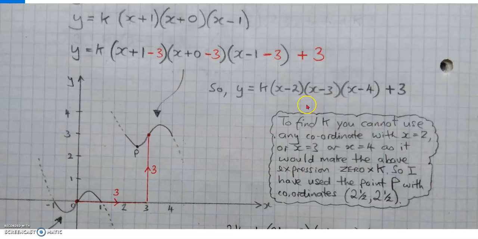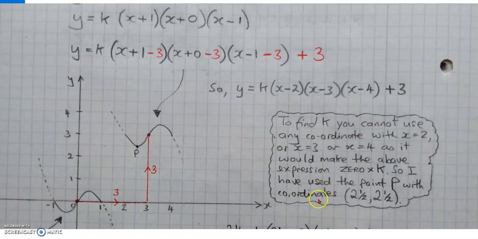If I use any one of these coordinates, where x is 2 or 3 or 4, and I put 2 or 3 or 4 for x in here, it's going to make all of that 0. So it's not going to work. So you've got to use this point here, which is 2.5 for x, 2.5 for y.